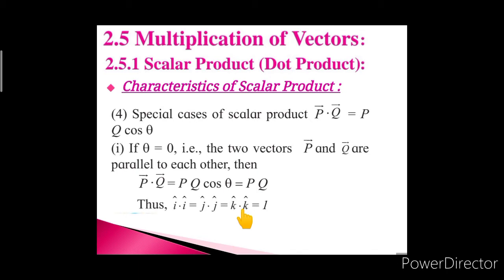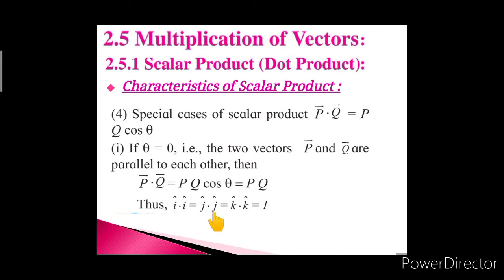As we get the result of the multiplication of these two vectors as the product of their magnitudes, vector i dot vector i will be given as the product of the magnitude of vector i and vector i, which is i square.